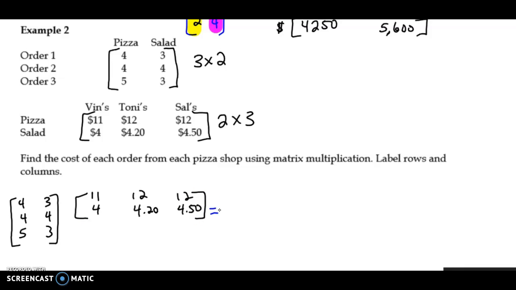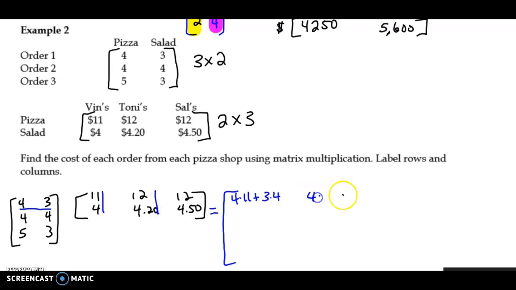All right, so we're going to take our first row times our first column. And that's going to go in row 1, column 1. So we've got 4 times 11 plus 3 times 4. Okay, next, first row times second column.